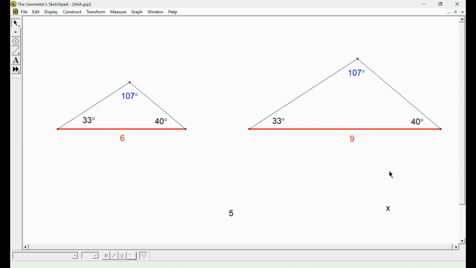Then what you learned before in your similar triangles unit was that you could solve for sides based on other sides you know. For example, if I were to put a 5 here on a test and asked you to solve for x, then wouldn't you have set up the proportion 5 is to 6 as x is to 9 and solve for x? By the way, the answer would end up being 7.5.